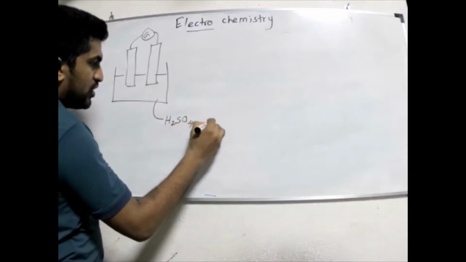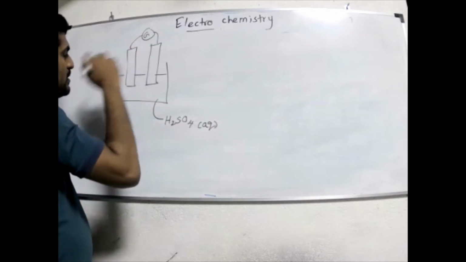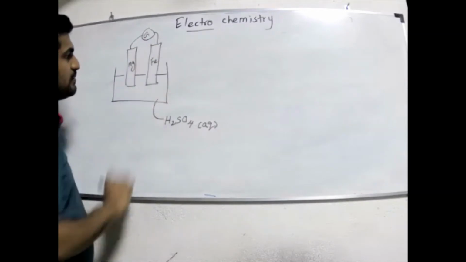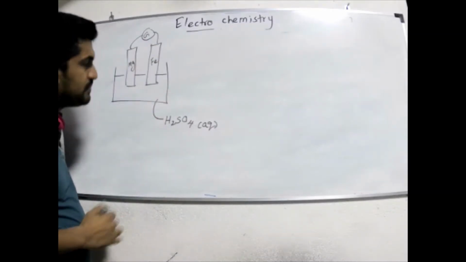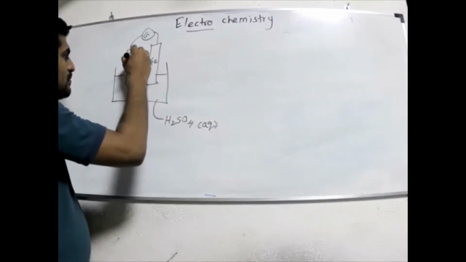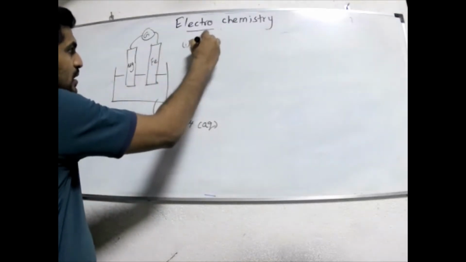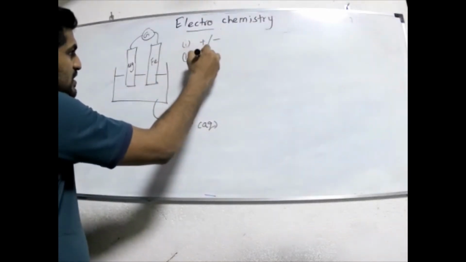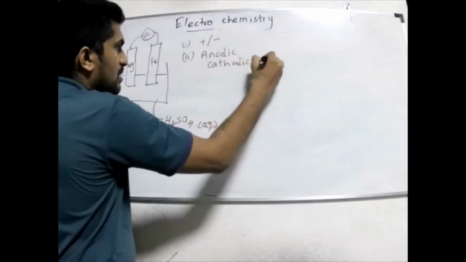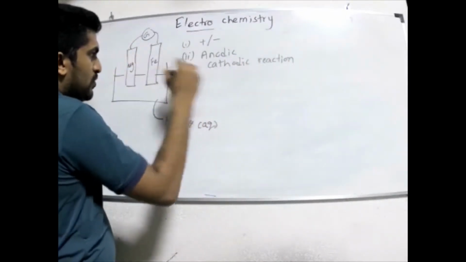H2SO4 (aq) means water-dissolved H2SO4. Then I have to write magnesium and iron. You have to write the same thing. First question: plus, minus. Second question: anodic, cathodic reactions. Third: observation.